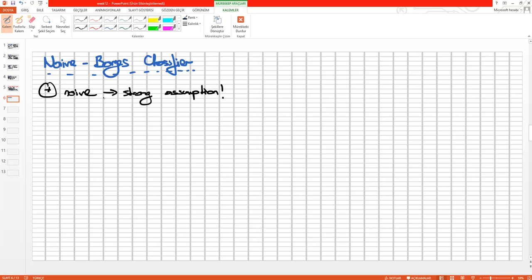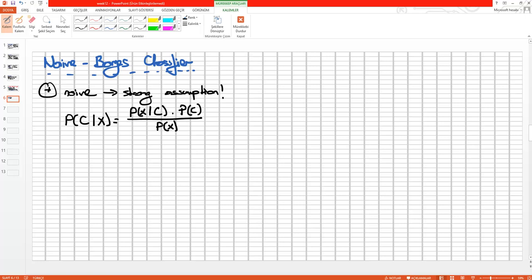Okay, and so how can we create these terms in here? First, the Bayes theorem is expressed with these terms: P(C|X) is equal to P(X|C) times P(C) over P(X).